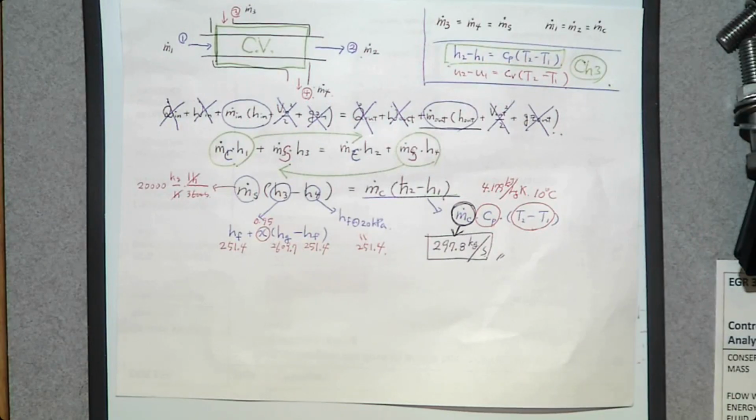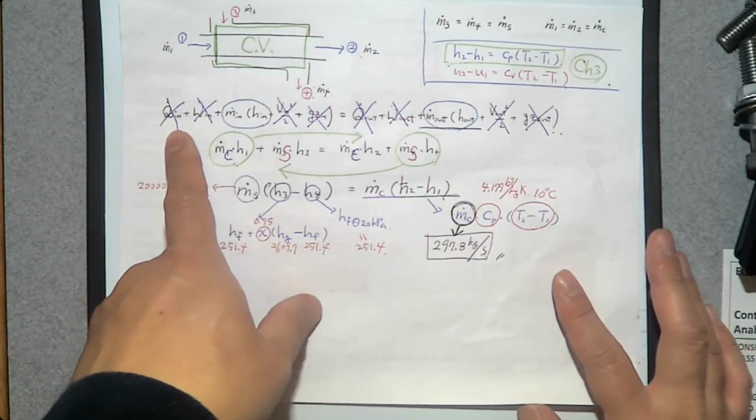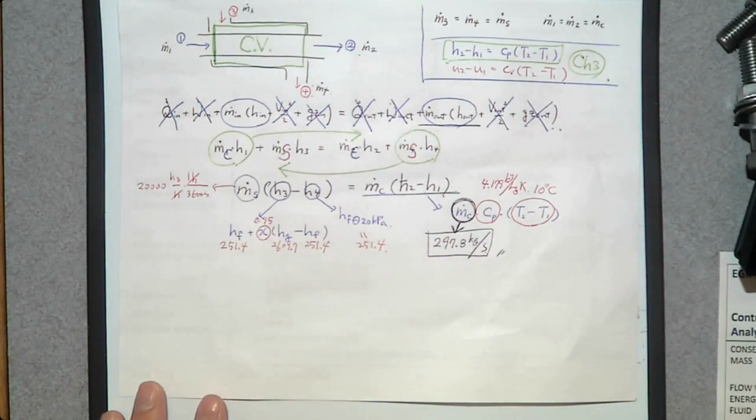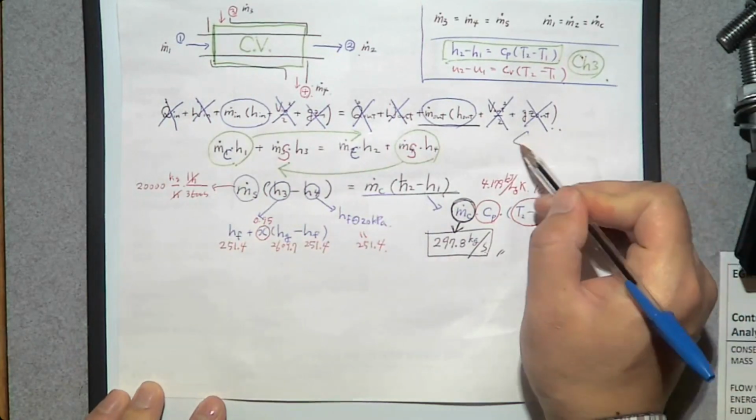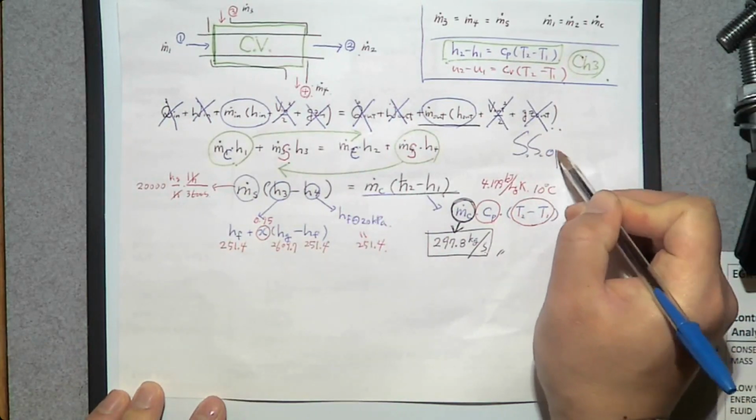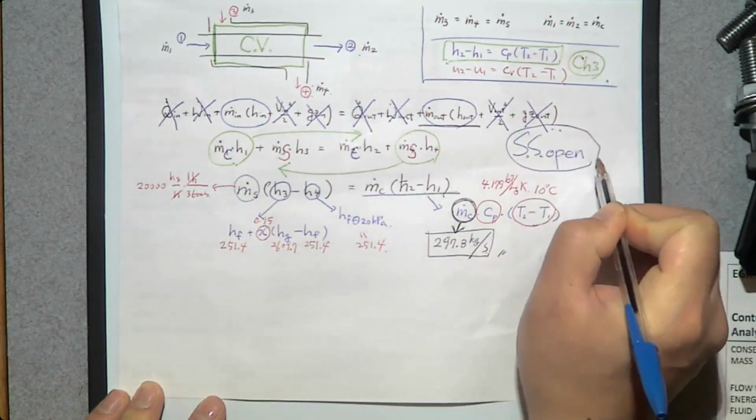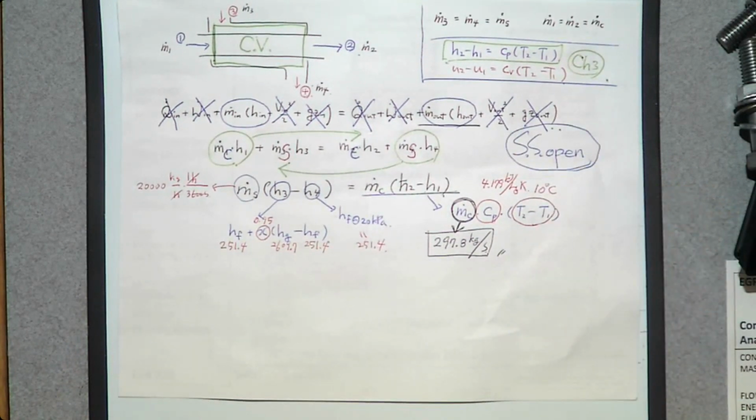Okay, so we have one last part. We use this energy balance equation, which is valid for steady state open system, for many engineering systems, including nozzle, diffuser, turbine, compressor, valve, mixing chamber, and heat exchanger.